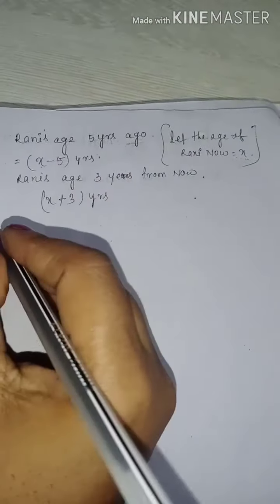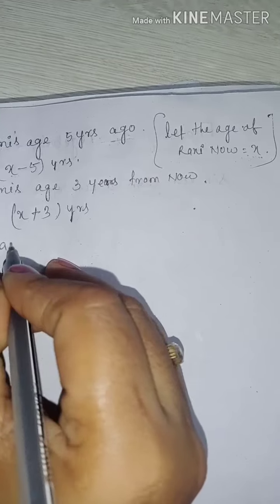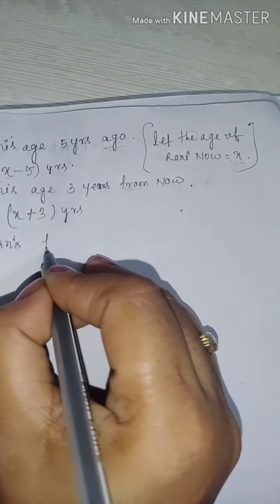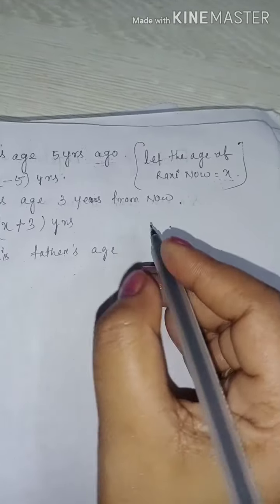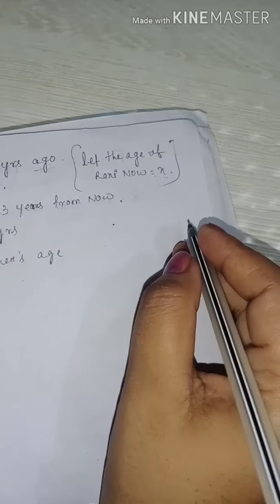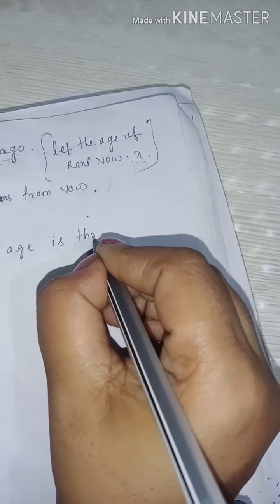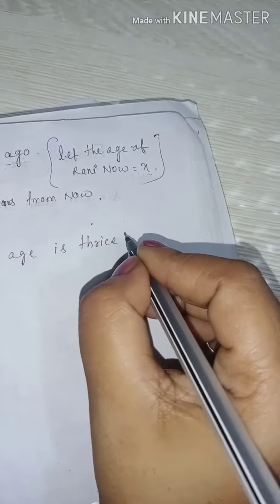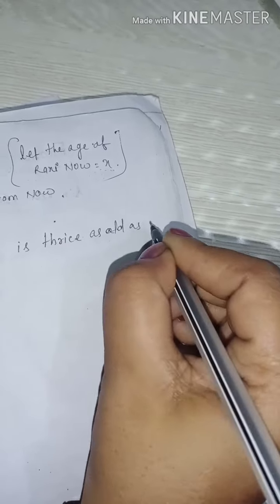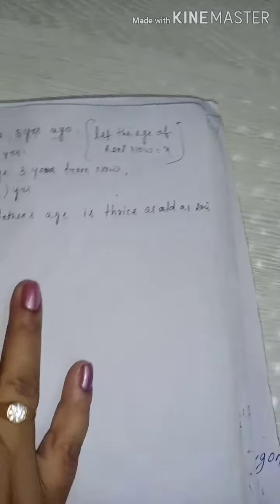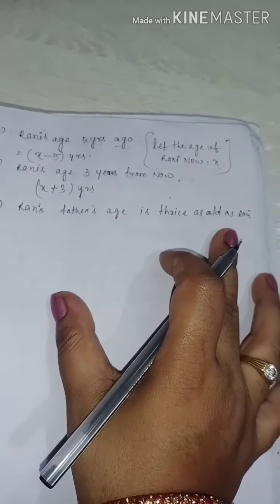Okay. Next, number 3. Rani's father's age. The question is: Rani's father's age is thrice the age of Rani.